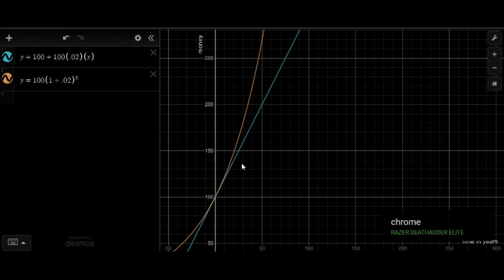So now that we've gone over the basics of this, let's talk formulas. Let's say you want to know the total amount of money made with compound interest. We use an A just like in simple interest, and this formula is going to be our principal multiplied by 1 plus our rate divided by n, and then we raise this to the n times t power.